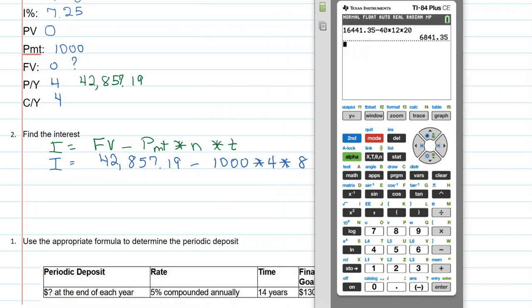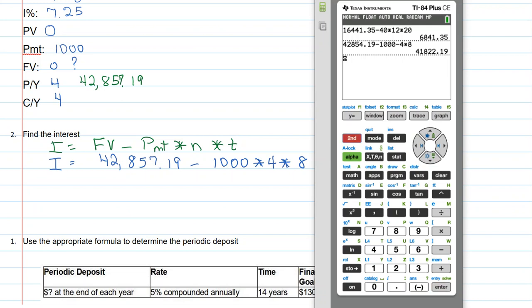Here we go. 857 decimal 19 minus 1,000 times the 4 times the 8. Look, I made a mistake right there.